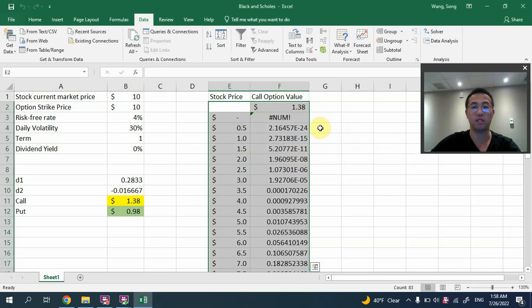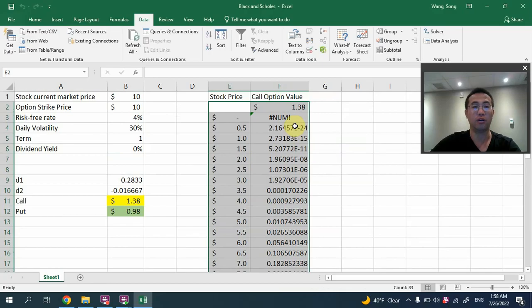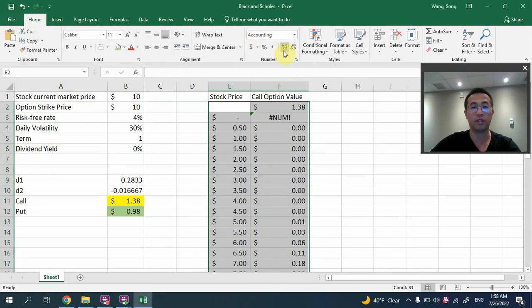As you can see, this is it. So basically it says that if the stock price is too low, there's basically no value for the call option. Okay, let me just change the format. So if the stock price is too low, then the call option would be worthless because you don't want to buy at the strike.